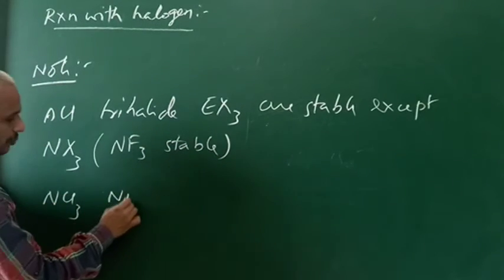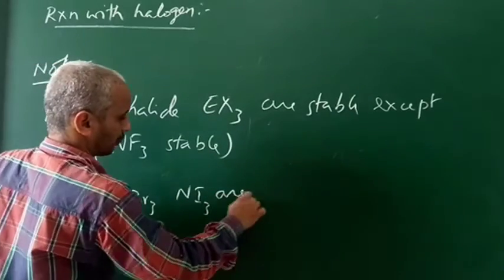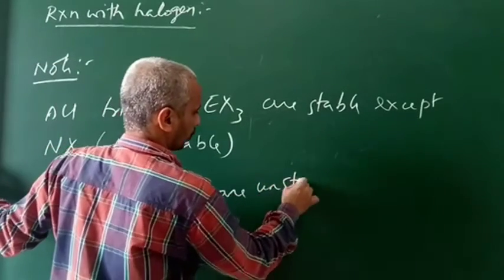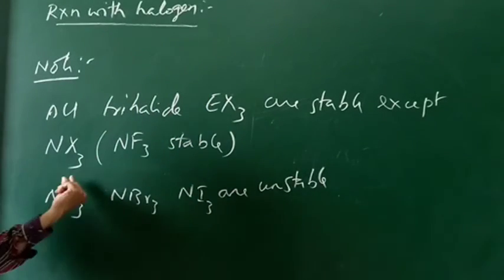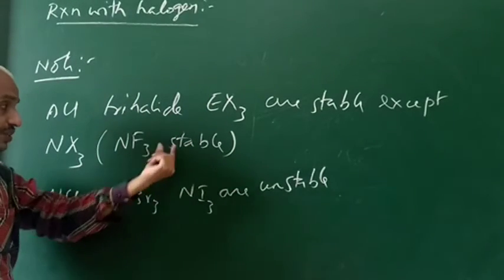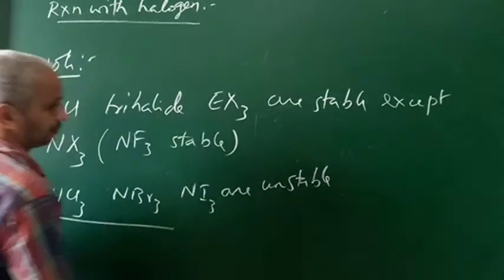NCl3, NBr3, NI3 are unstable. Note this. In the nitrogen trihalides, NF3 is stable because it is bonded with a more electronegative element, whereas the others are unstable.